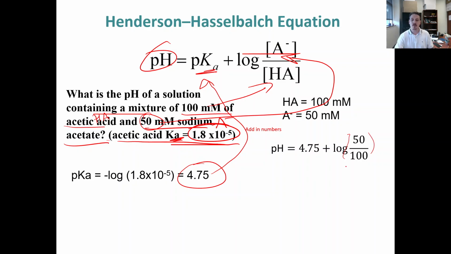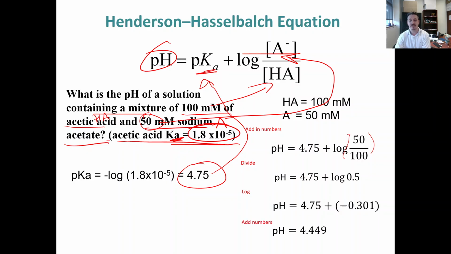So 50 divided by 100 is 0.5. You can log it to give negative 0.301. And then when you add a negative number, that's the same as subtracting, to give you the final pH, which is 4.449, so 4.45. pH equals 4.45.